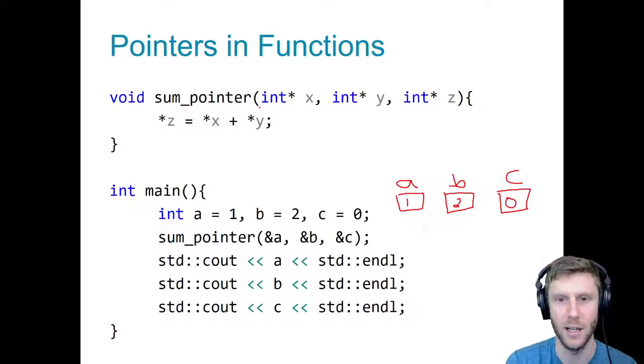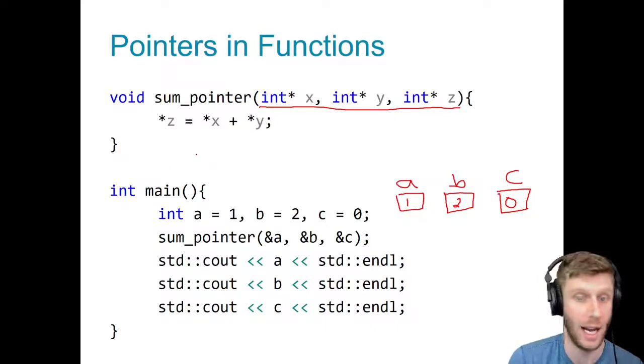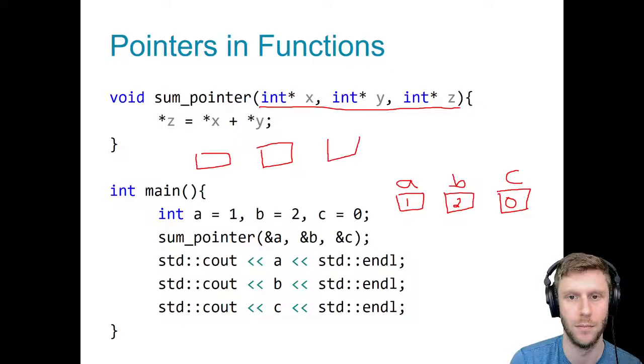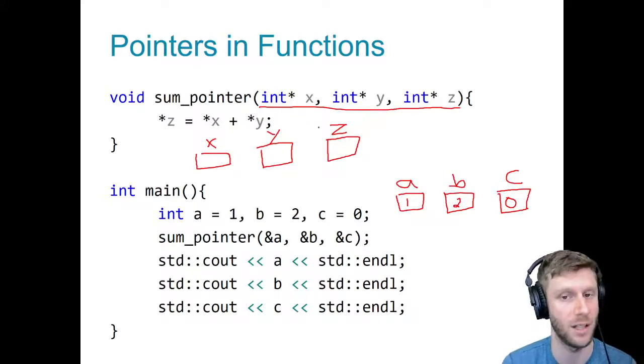Then up here, I have something very different than what I had before. I had 3 boxes that use the names X, Y, and Z, but you'll notice that they're not integers. The things inside these boxes are going to be pointers to integers.